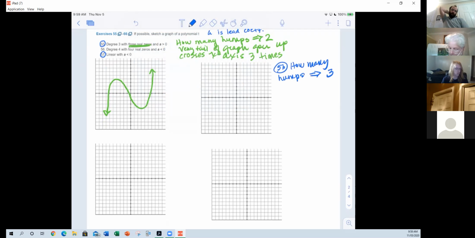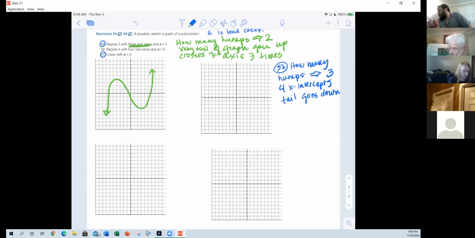And then 4 real zeros. What does that mean? 4 x-intercepts. Yep. And then A is less than 0. So which way does the very tail of the graph go? Down. Yep.